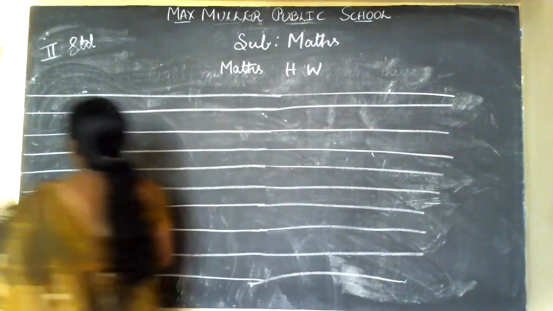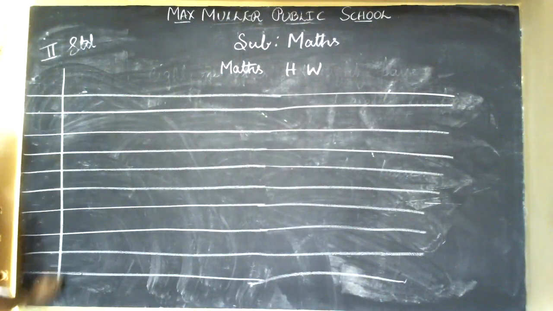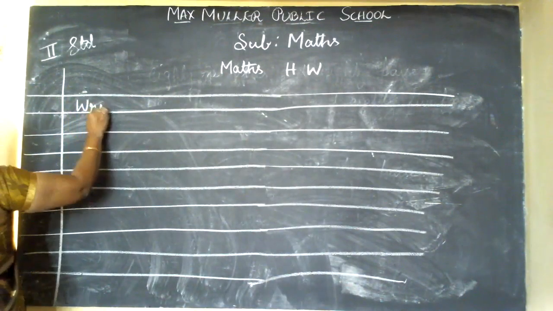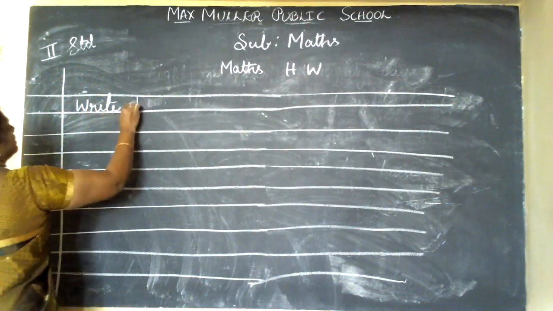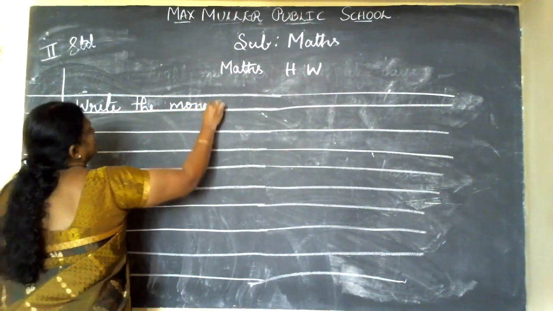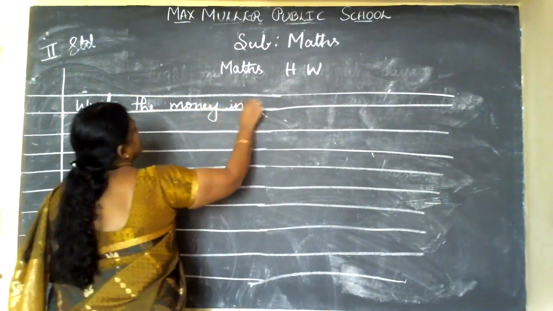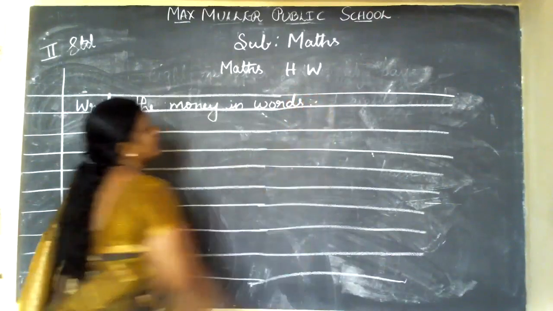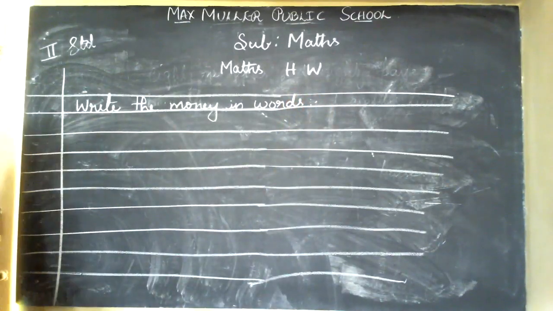Write the money in words. Leave one line here and start writing here in the second line. Write the money in words. Homework, children, you want to do homework also. After textbook, you want to do homework note.